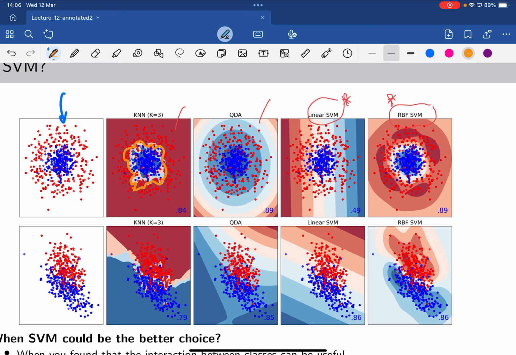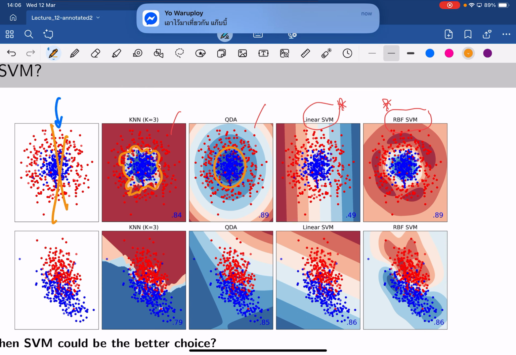QDA is the same. QDA can form the oval boundary because it uses a quadratic function. Somehow it can do this as well. Linear SVM, however, cannot really classify the data if it looks like this because it only contains a linear boundary. The linear boundary cannot cut or separate these data samples.